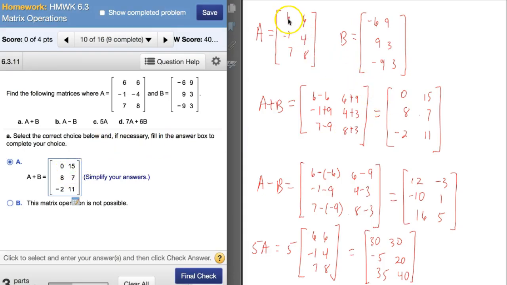So let's check. 6 plus -6 is 0. 6 plus 9 is 15. -1 plus 9 is 8. 4 plus 3 is 7. And 7 plus -9 is -2. And 8 plus 3 is 11. So let's see. That looks right to me.